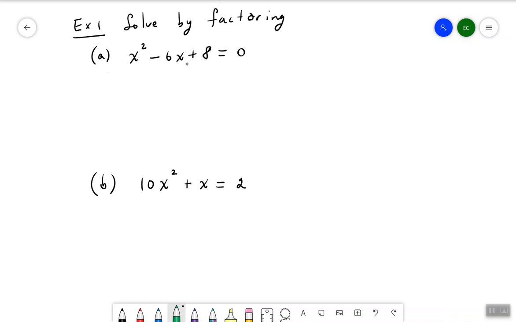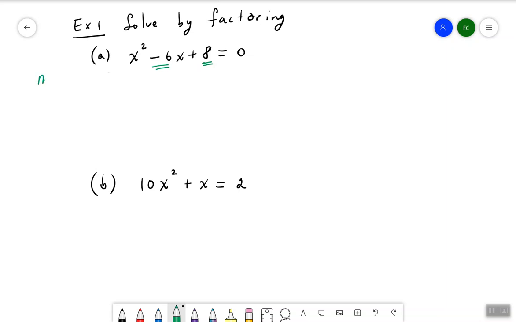The left side is called a trinomial because there are 3 terms. In order to factor it, we want to find 2 numbers that multiply to 8 and add up to -6.